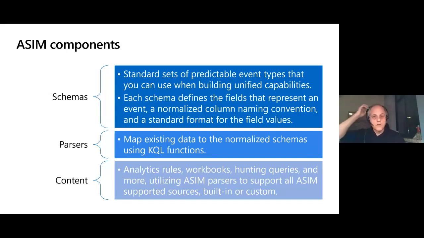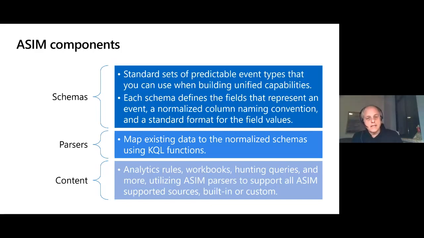We already converted a large number of analytic rules. We have also converted hunting queries, and we are working to convert more. Generally speaking, converting existing content to ASIM is not hard. We'll see how it works later on. The last element, the important element, are the parsers. The parsers are the technology part of ASIM.